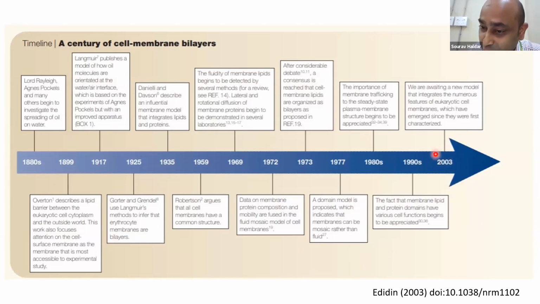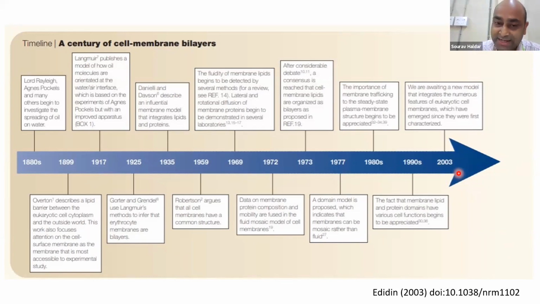Mind you, there have been a lot of discoveries and inventions after 2003, which are still happening today, and our understanding of membranes and membrane bound organelles is constantly evolving based on these new discoveries.